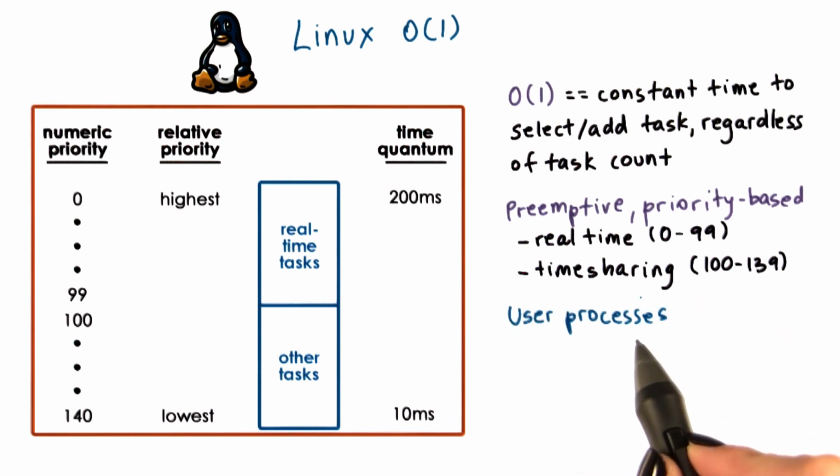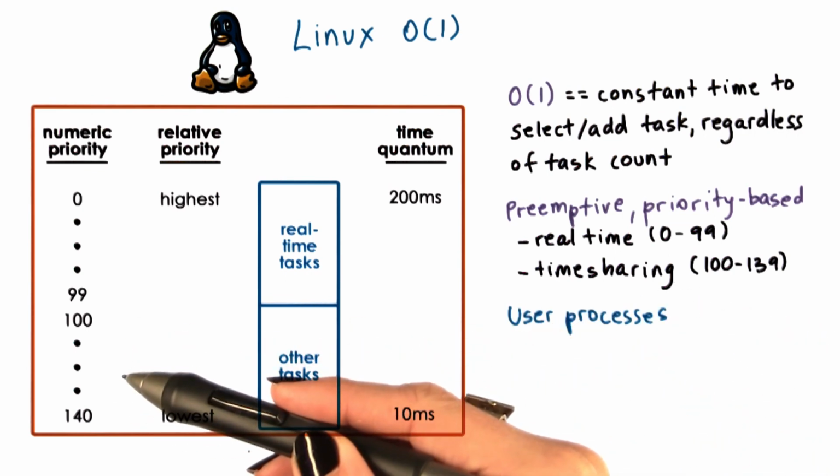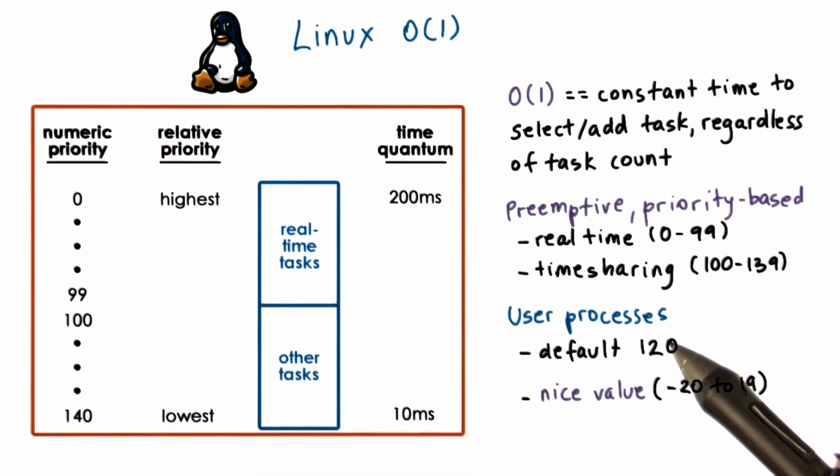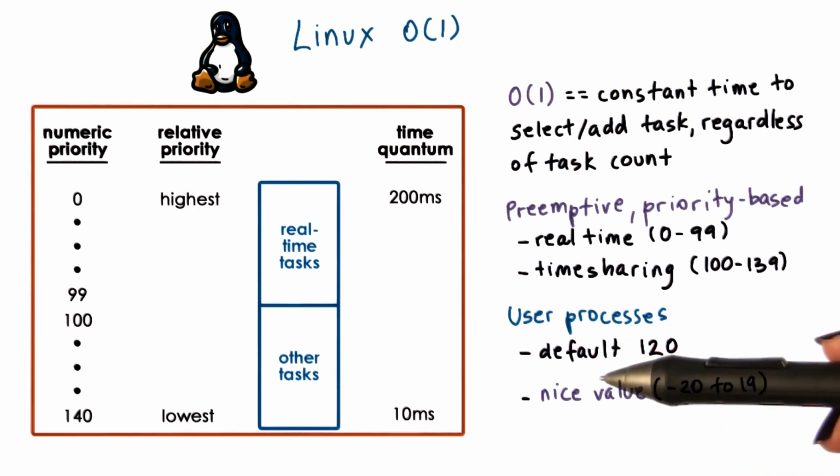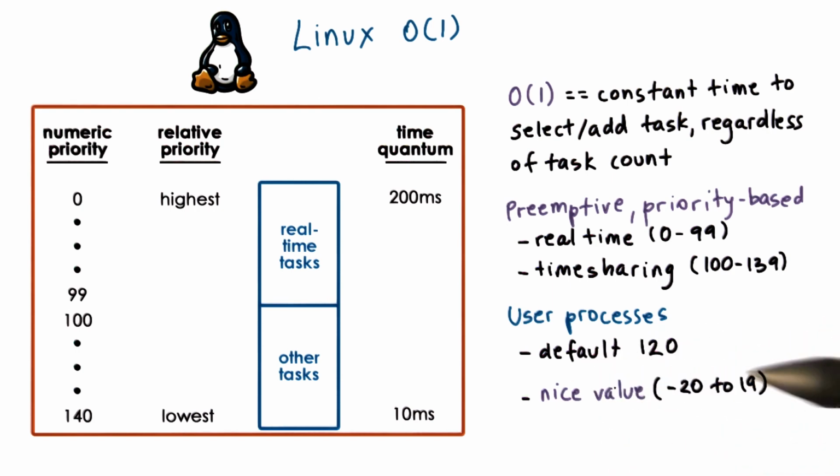All user processes have one of the time-sharing priority levels. Their default priority is 120, but it can be adjusted with a so-called nice value. There's a system call that can be used to do this, and the nice values can be between -20 and 19, so as to span the entire set of time-sharing priorities.